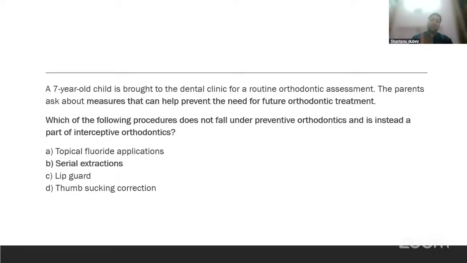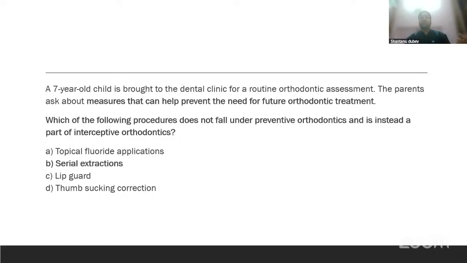The list should be clear to you: what is preventive orthodontics and what is interceptive orthodontics. Even if you don't remember it by heart, it doesn't matter. You just have to think before answering. Are we preventing something, or are we trying to intercept a malocclusion which is already developing? So the question is, which of the following procedures does not fall under preventive orthodontics?